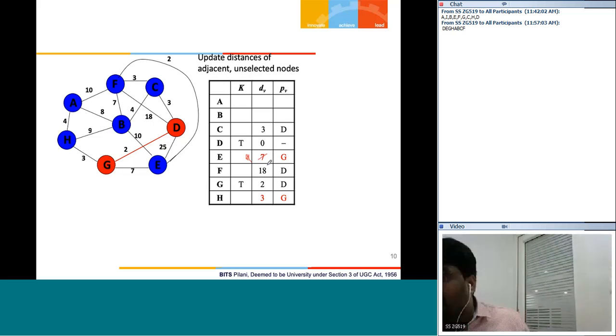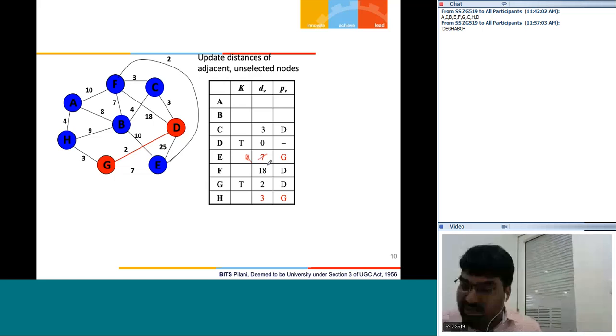I don't know whether DGE is going to be a path or not. So I'm saying from G I can go to E or I can go to H, and this is the cost. G to E cost is 7, and G to H cost is 3. You got it? That's the difference you have understood. You understood what I'm trying to work on.